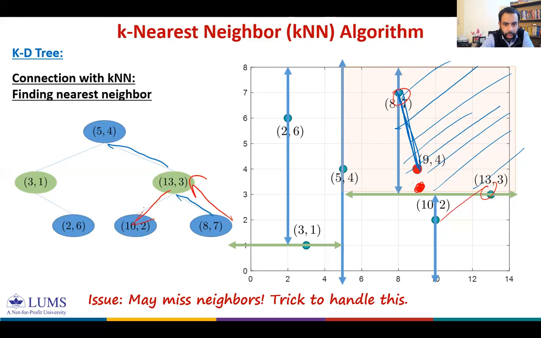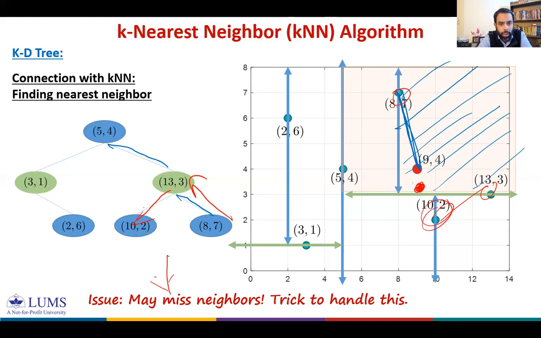In this way, I won't be missing neighbors. Obviously this comes at the cost of an increase in computational complexity, but I can overcome this problem with KD tree. If you use classical KD tree, you may miss neighbors, but if you use this variant, you can overcome this problem.